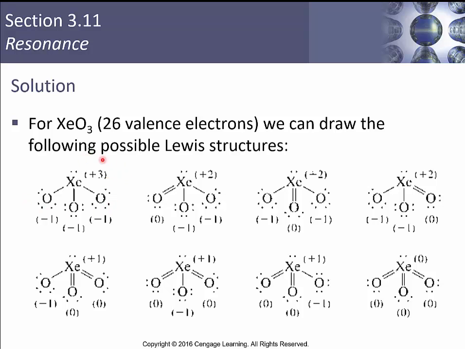We can do one with a double bond to an oxygen, giving 0, a +2 and -1 on each of the others. We can have one with -2, -1, 0, and -1. We've got a +2, 0, -1, -1. And we've got one with 0 on all the oxygens and 0 on the xenon.